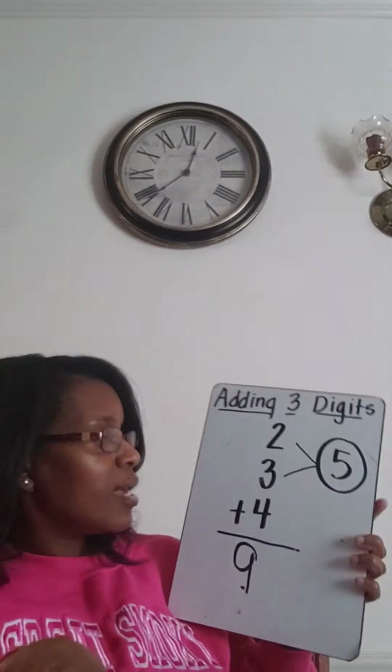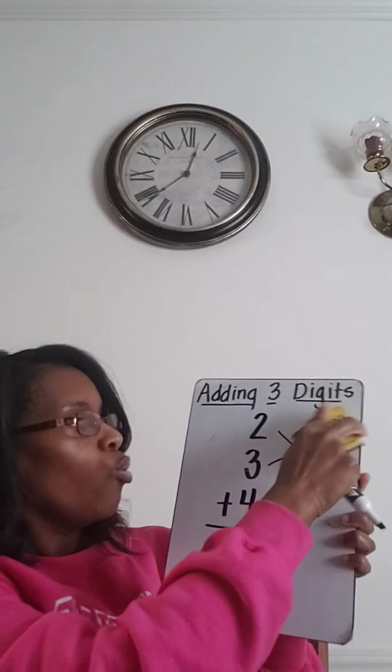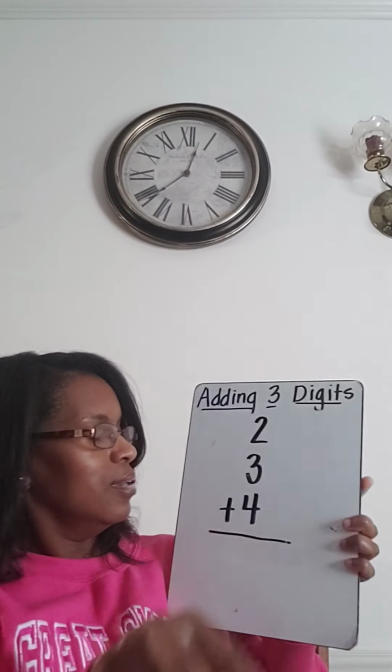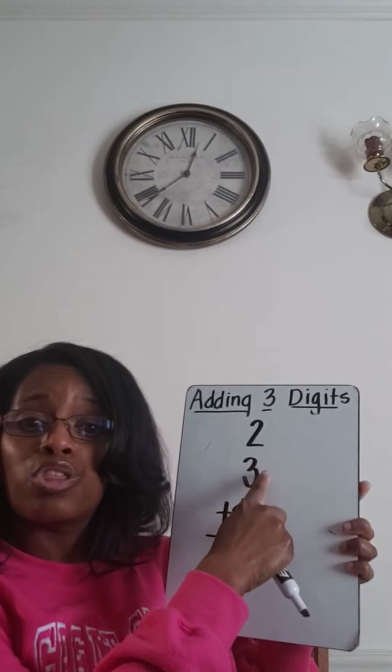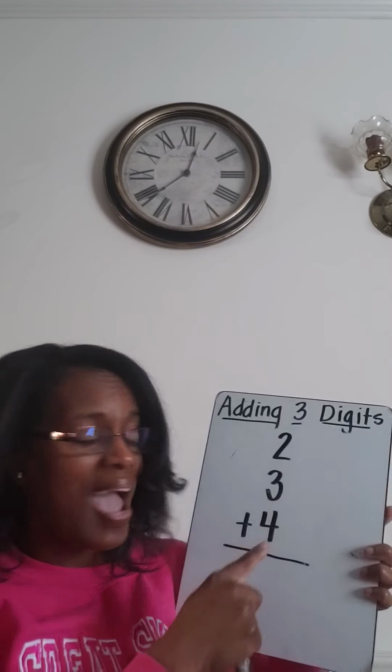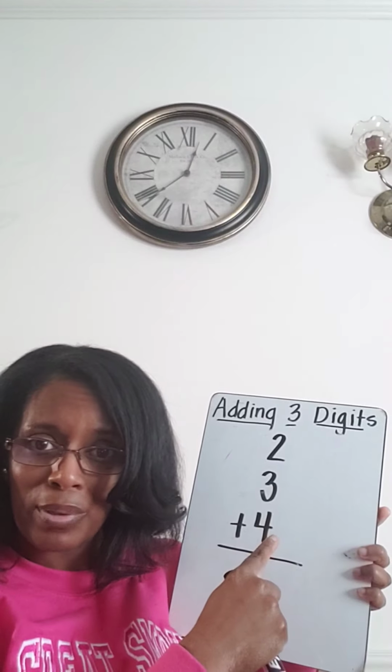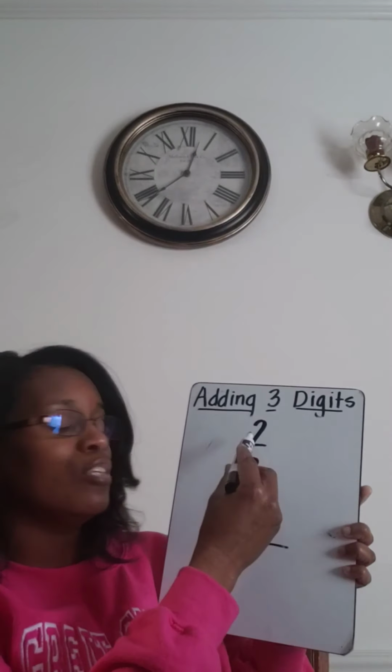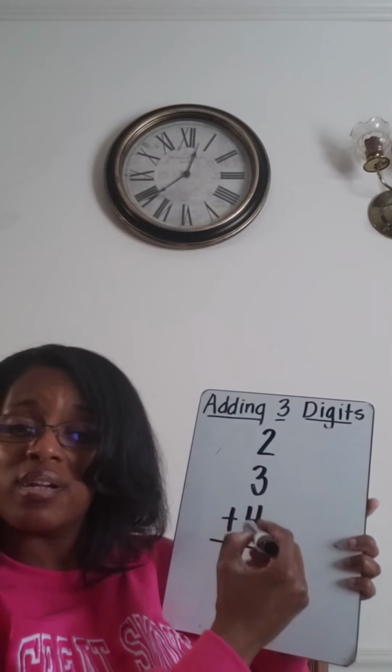Now, just like we could have added the 2 and the 3, the top 2 numbers, we can also add the bottom 2 numbers. So instead of adding 2 and 3, let's do the bottom 2.